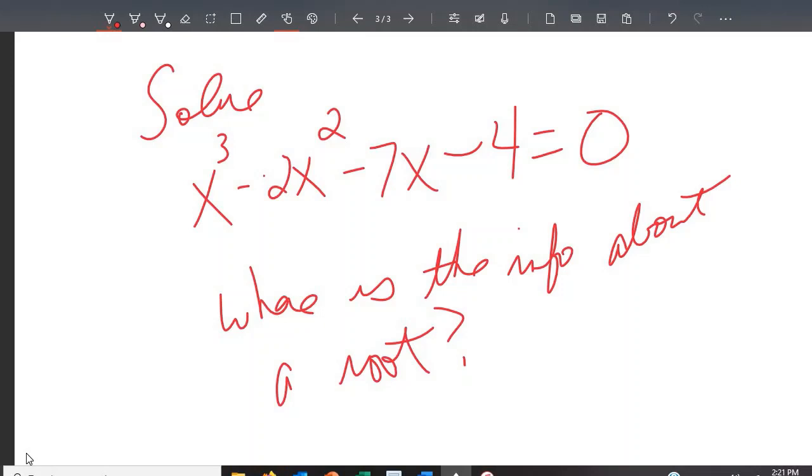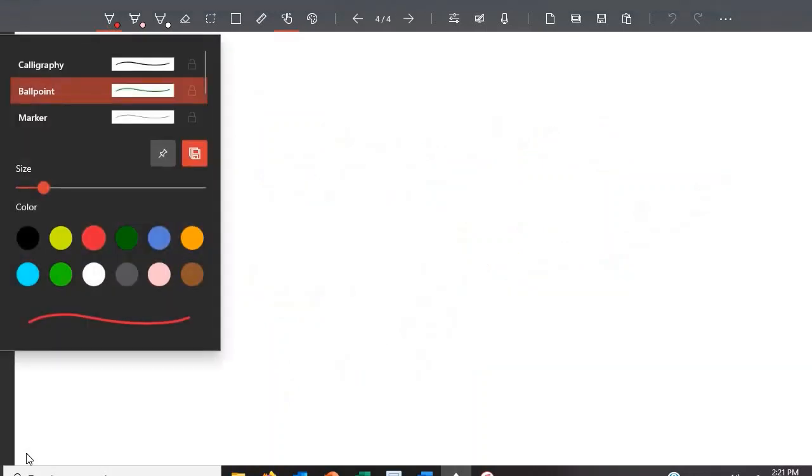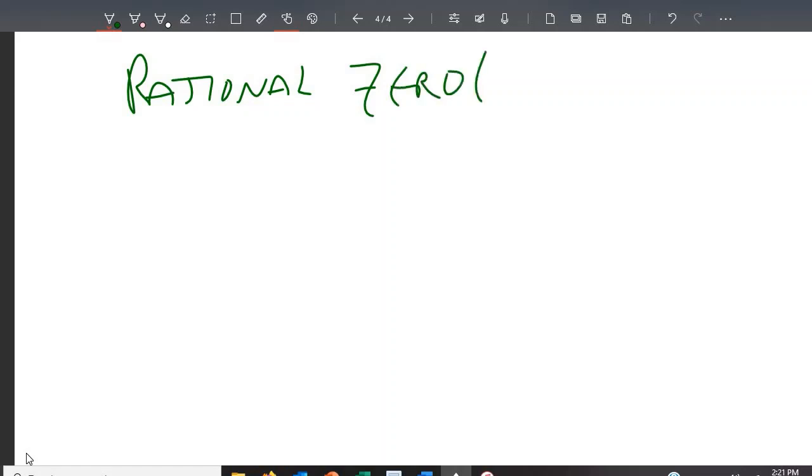So what we have to do is something called the rational zero theorem, or the rational root theorem.